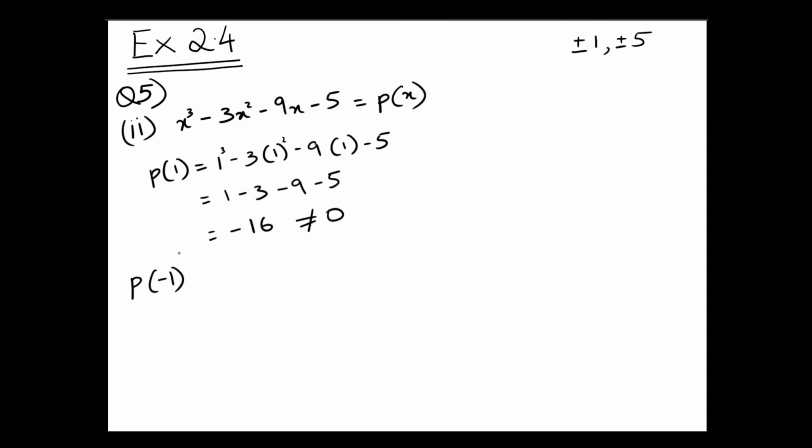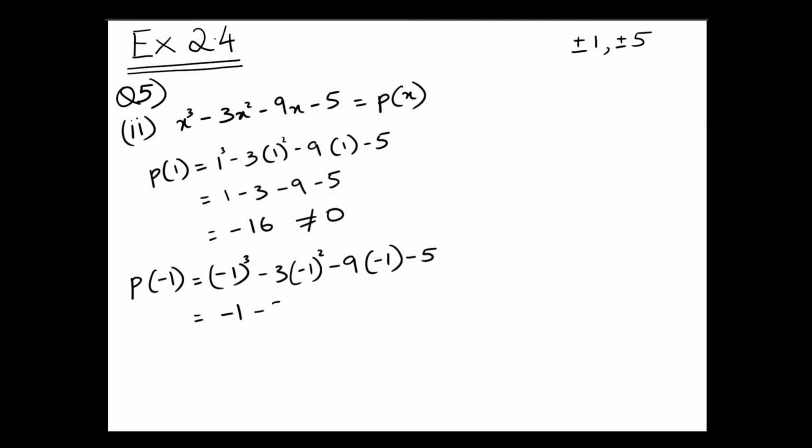And the second one then that we can check is p of minus 1. P of minus 1 will give us minus 1 cube minus of 3 into minus 1 square minus 9 into minus 1 minus 5.